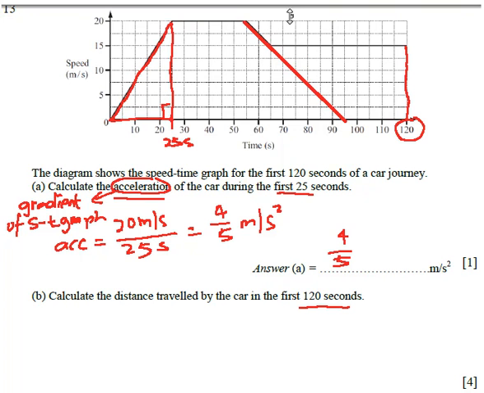From here what we can see is that we have one trapezium and we have a second trapezium.